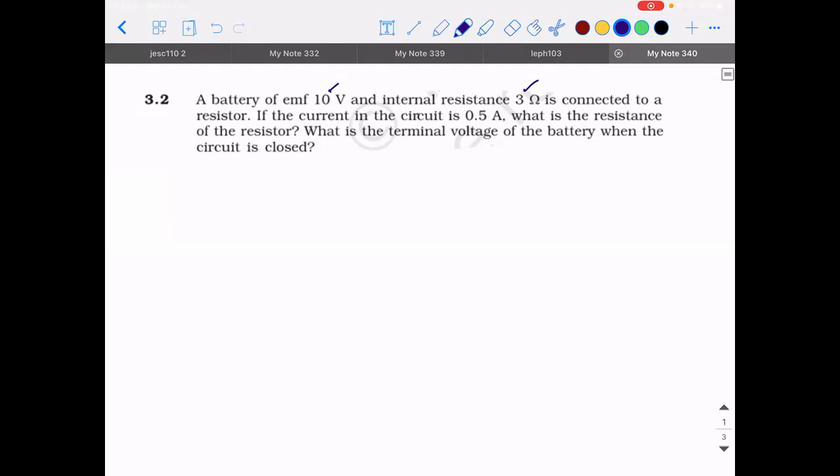So let's try to visualize how the problem is. There is an external resistor R, and there is an internal resistance of 3 ohm and an EMF of 10 volt that is connected.